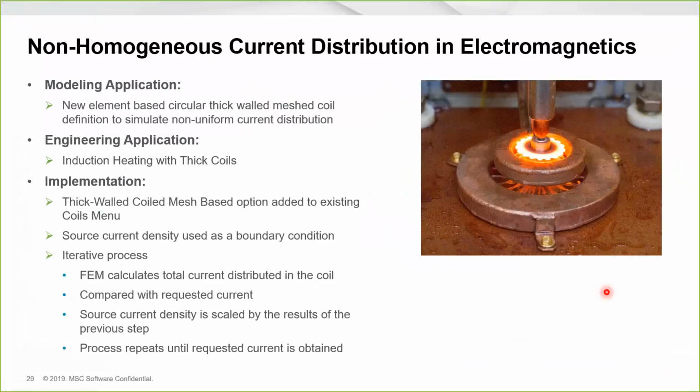We use the source current density as a boundary condition, and then we do an iterative process where the solver calculates the total current distributed in the coil. It's compared with the requested current, and then it's scaled to make sure that we are at the distribution that's expected along with the total requested current.